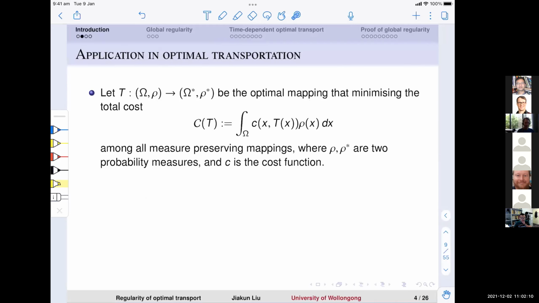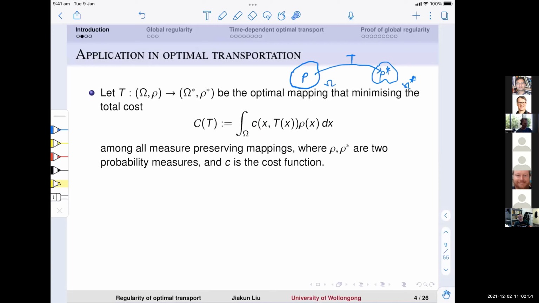Now we're starting from the optimal transport. Optimal transport is where we have an initial domain Omega, and we have some material whose distribution is given by a density function rho, and we have a target Omega star, where we have the density function rho star, and we are trying to do the mapping from Omega to Omega star by a mapping T. Under such a transport mapping, we have the total cost, which is given by this functional under the mapping T, where c is the cost function.